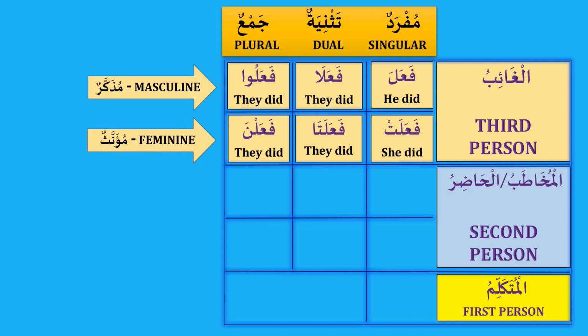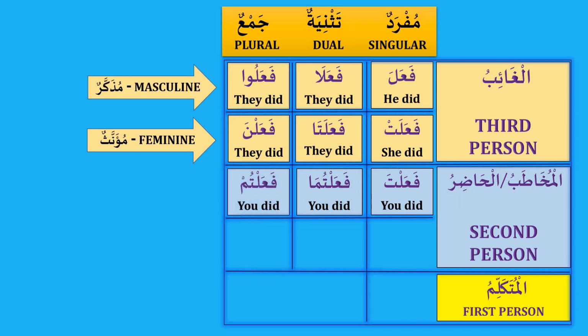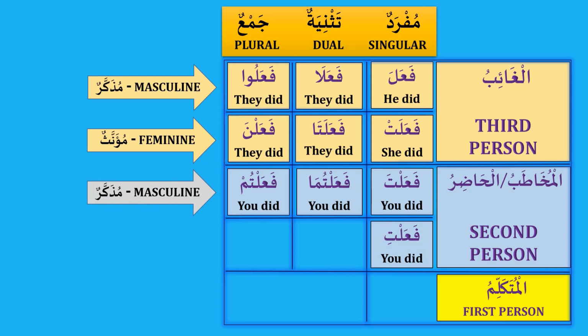And the second person, fa'alta, you did, singular. Fa'altuma, you did, dual. And fa'altum, you did, plural, more than two. These are mudhakkar, masculine. Fa'alti, you did, singular.